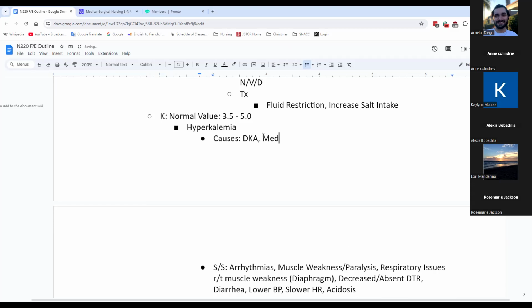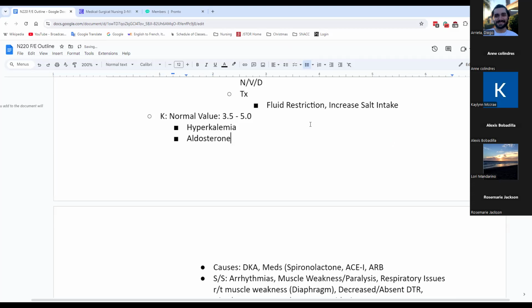And let's mention medications. What are some medications you guys can think of? Kayla already mentioned one: potassium sparing diuretics, so spironolactone. What else have we got? Ikea said ACE inhibitors. So yes, ACEs and ARBs. Both of those can increase your potassium because they block the aldosterone. Remember I told you guys that aldosterone is going to retain sodium, which causes a retention of water, and it's also going to release potassium.